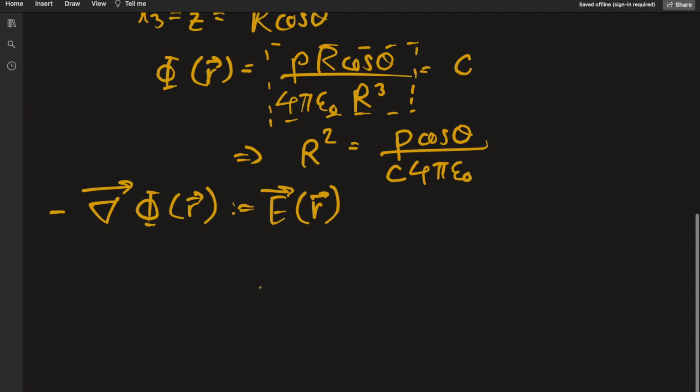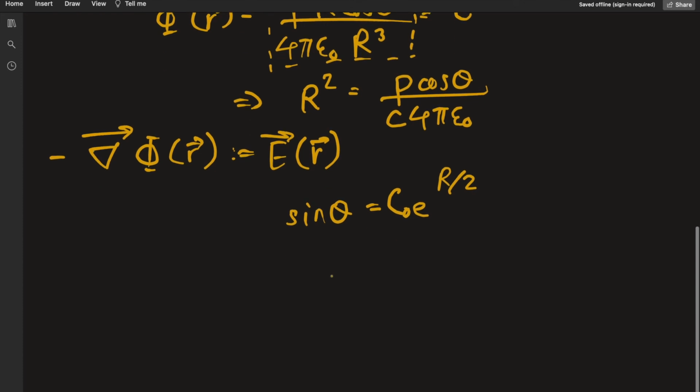So I had a component in the r hat direction and a theta hat direction. Then I took the ratio of the components and set it equal to d theta over dr. I solved the differential equation. I got something like this: sine theta is equal to e to the r over 2 with the proper constant c naught.